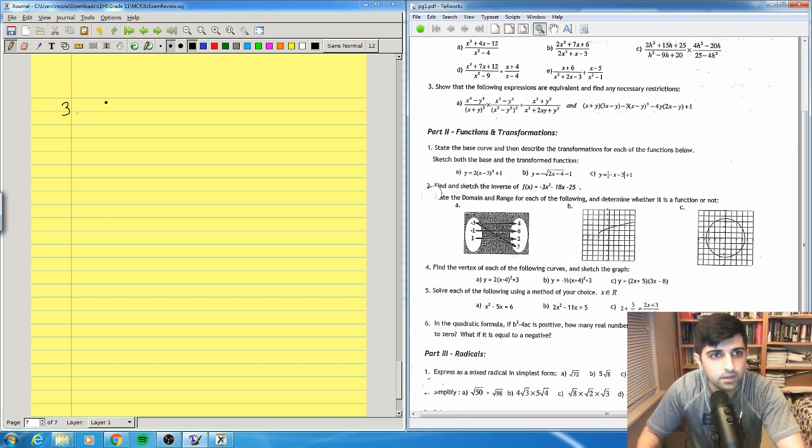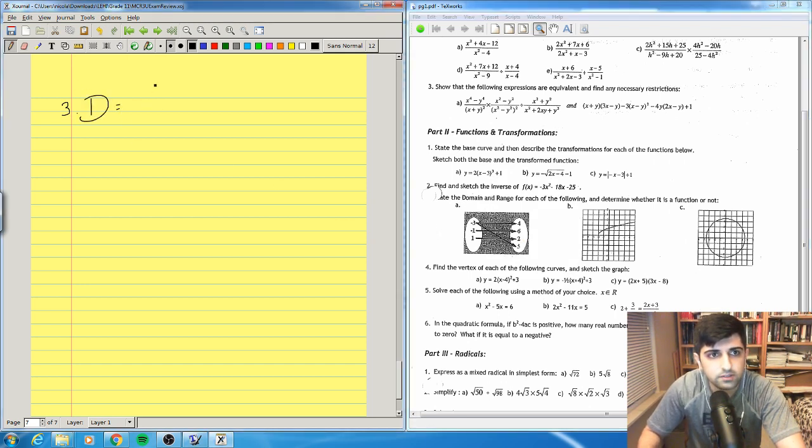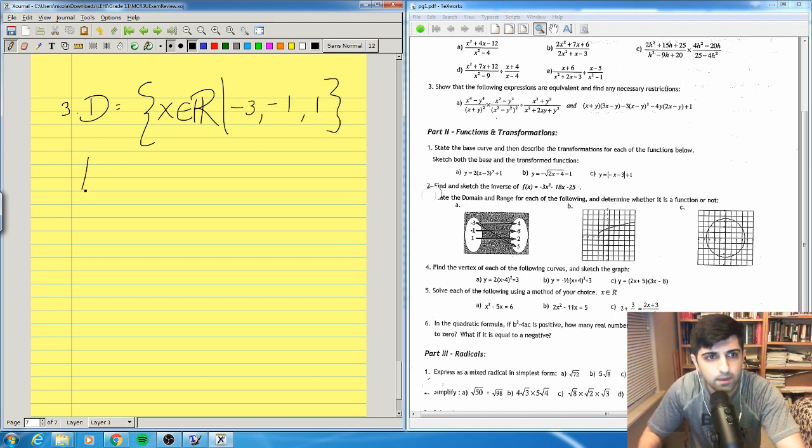So the domain is all real numbers such that x is -3, -1, and 1. Okay, the range is y all belonging to real numbers such that y is 4, 6, 2, and 5.